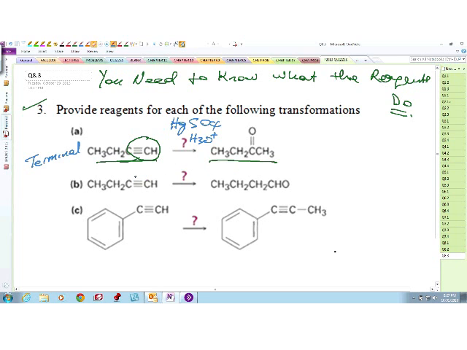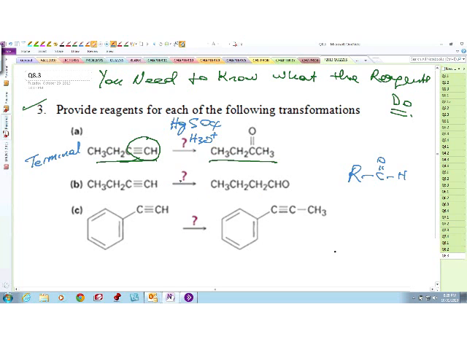About this one here, the same molecule, 1-butyne. This time we want to go to an aldehyde, from 1-butyne to this aldehyde here. So what reagent do we need? That's going to be the HB. Which one? Hydroboration-oxidation.